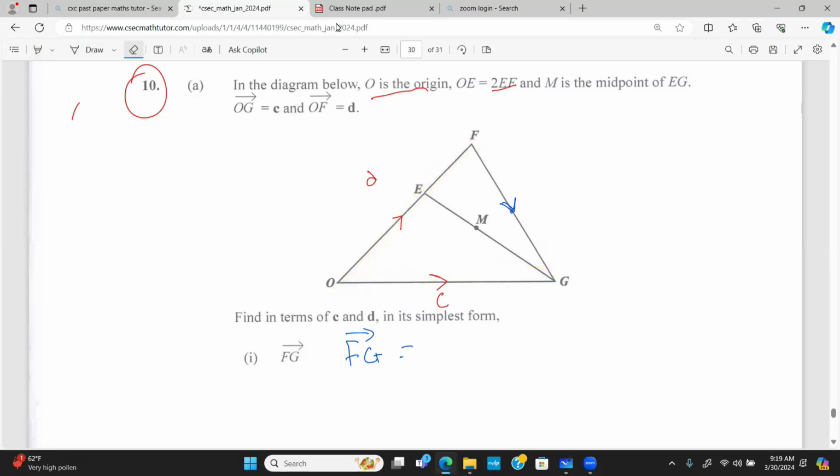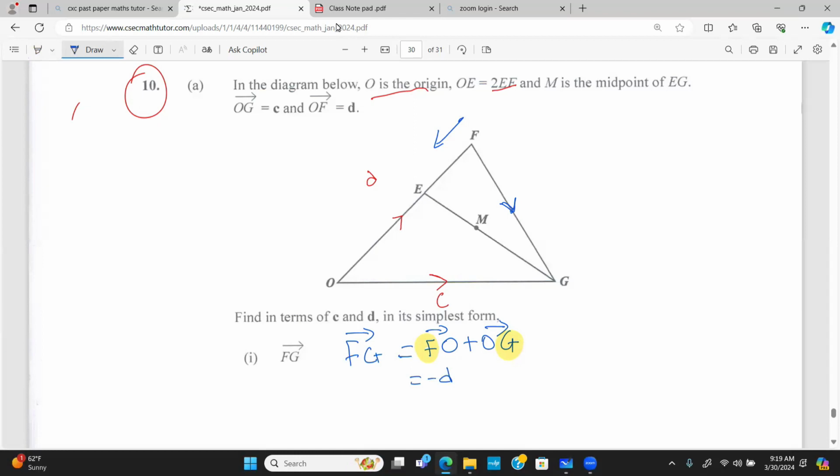So F to O plus O to G, and we would have moved from F to G. We started at F, ending at G. There's a common point between, which is O. So F to O, which is this way, is going to be negative D, because we changed the direction.